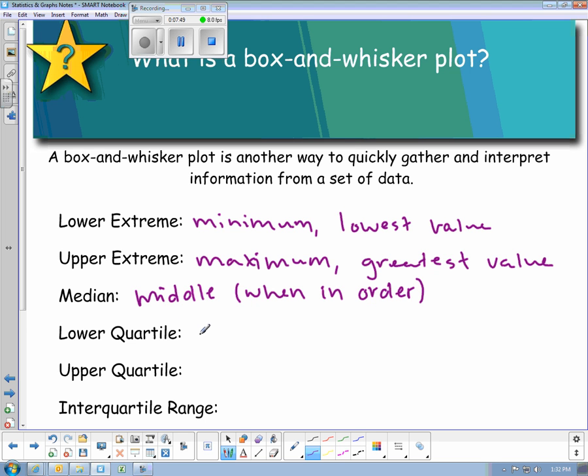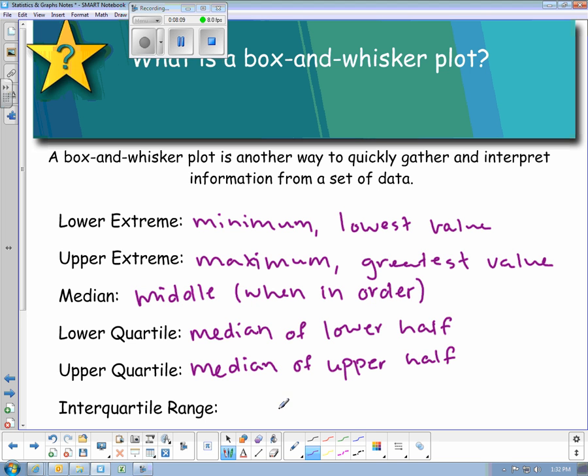The lower quartile is the median of the lower half. And the upper quartile is the median of the upper half. And that's not including the median of the whole set. So we'll talk about that on the next page.